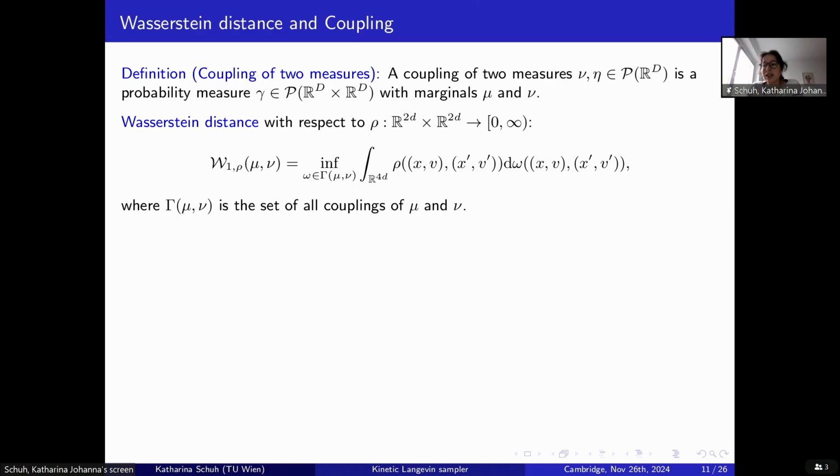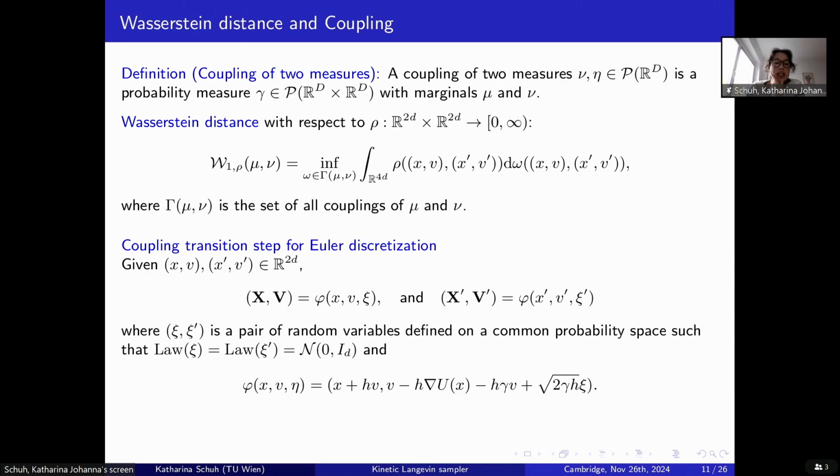And then I said we will use the coupling method as well to analyze this long-time behavior. Here the idea is that we will look at a coupling step of discretization methods. For the Euler discretization, we would start with two initial conditions, x, v and x', v'.